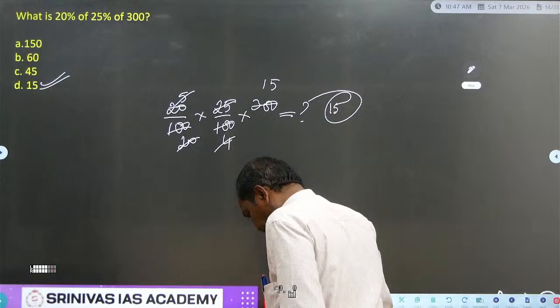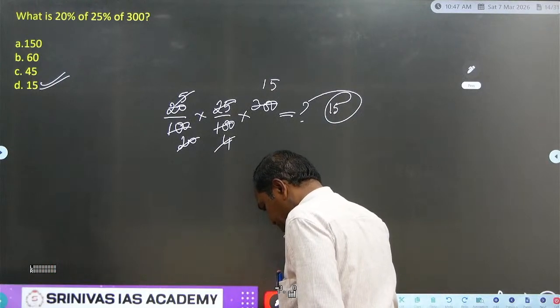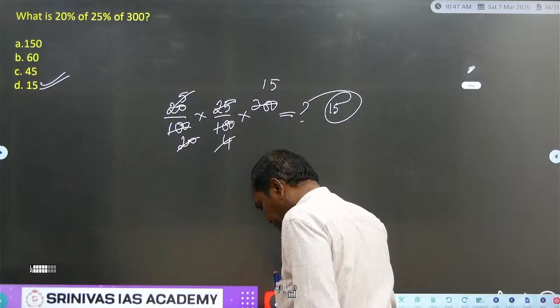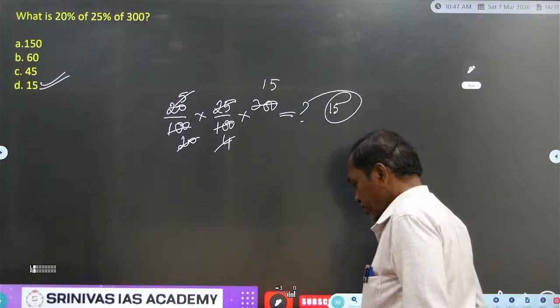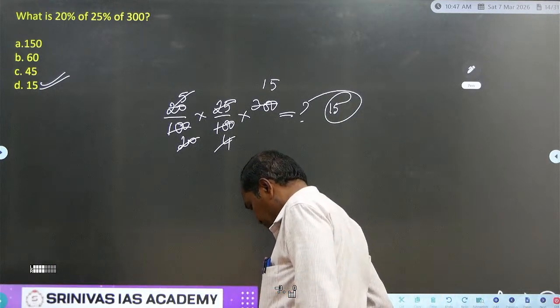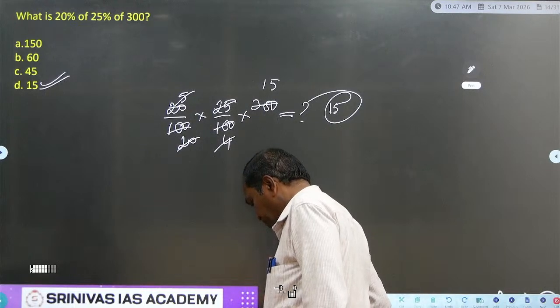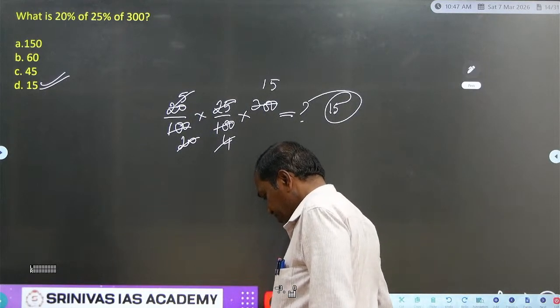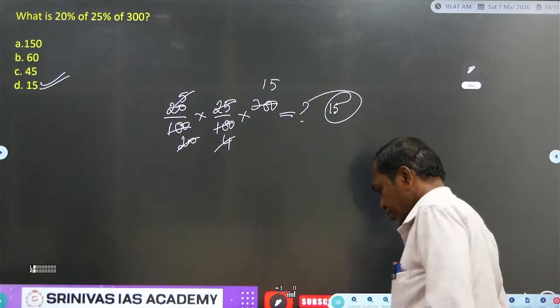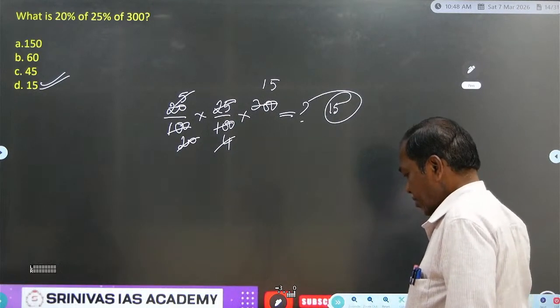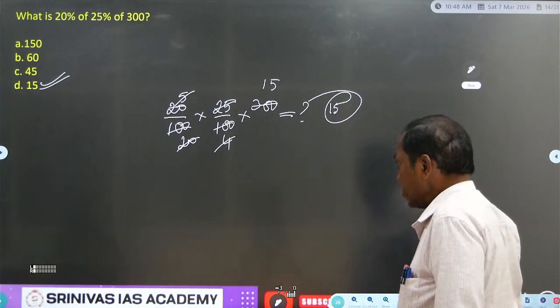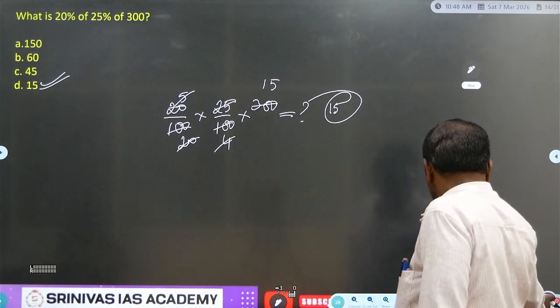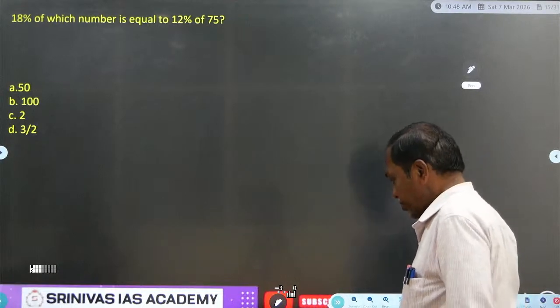Your answer is not 150, it's 15. If you do the simplification, you will end up getting 15, not 150. You see the number of zeros. 150 is not correct, 15 is the correct one.